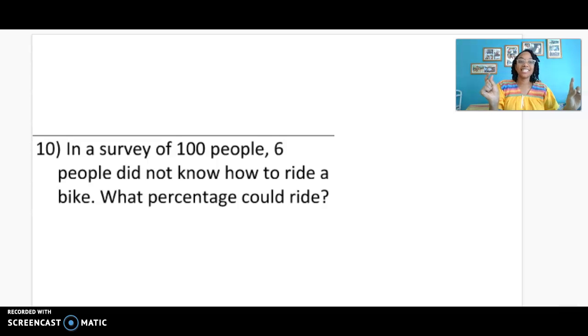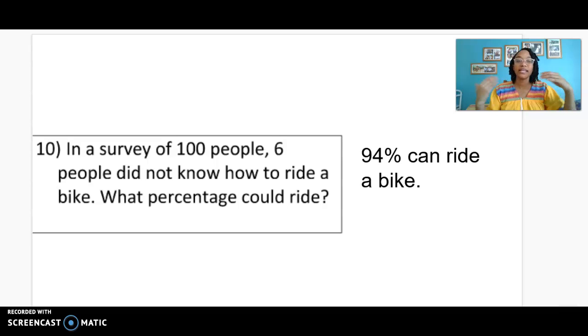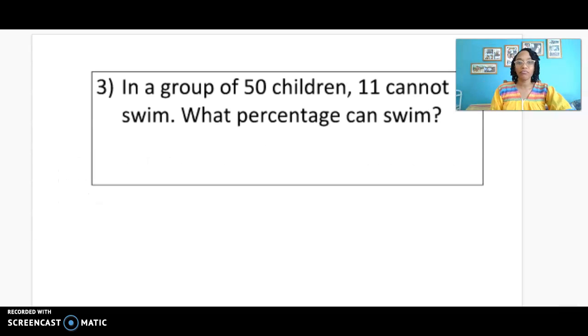The rest did know how to ride a bike. We know the total and we know one part. So we need to subtract to find the other part. 100 minus 6 gives us 94% of people being able to ride a bike. Now in this problem, we're able to use the word percent because the total number of people surveyed was 100.